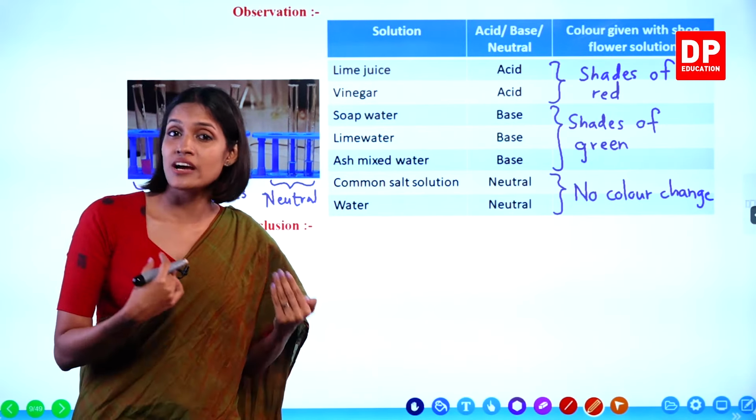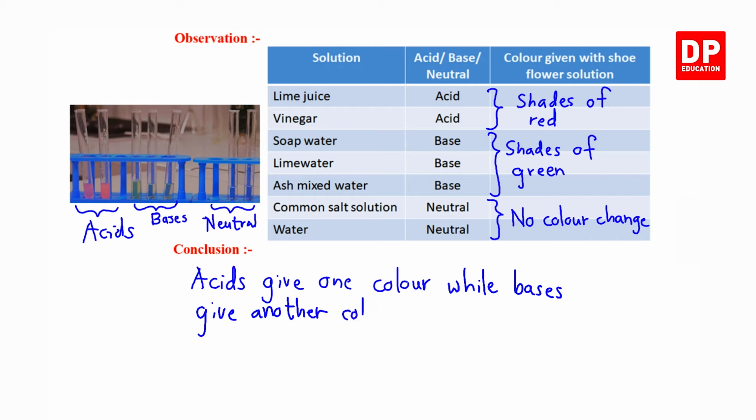Okay, so we will write our conclusion now. Acids give one color while bases give another color with shoe flower boiled water.